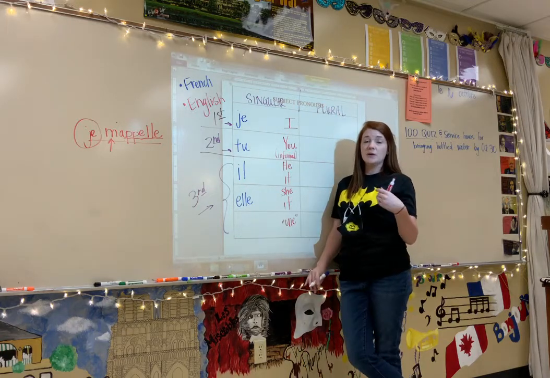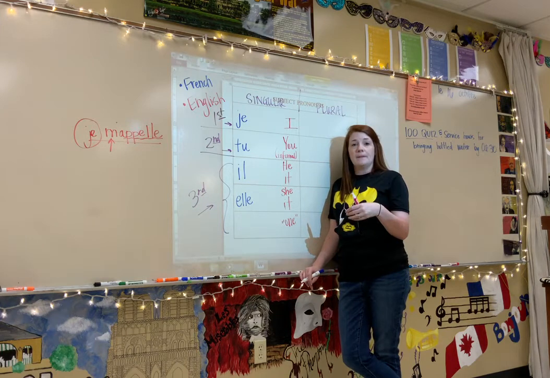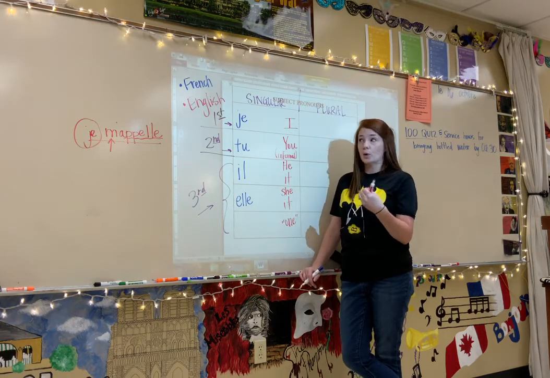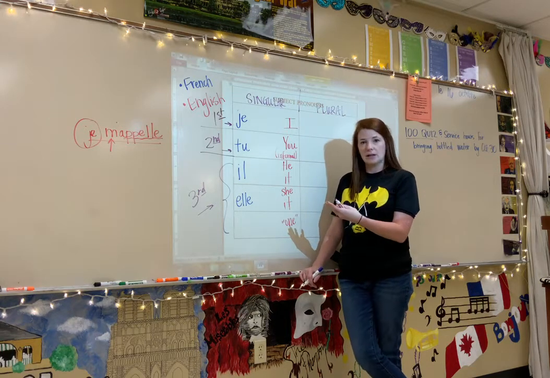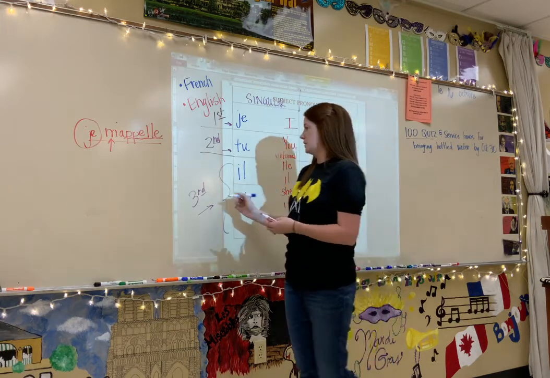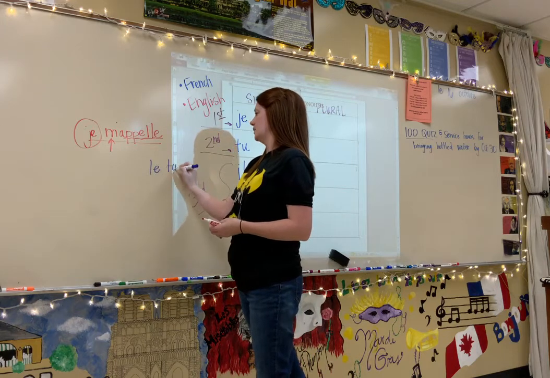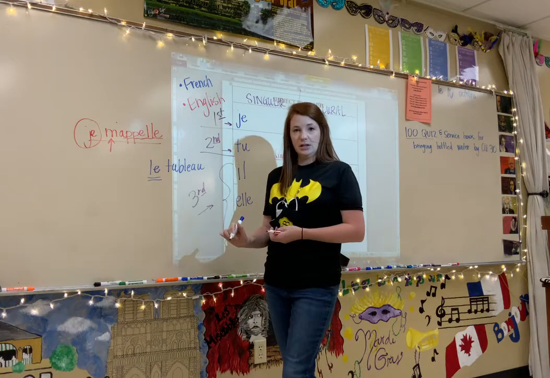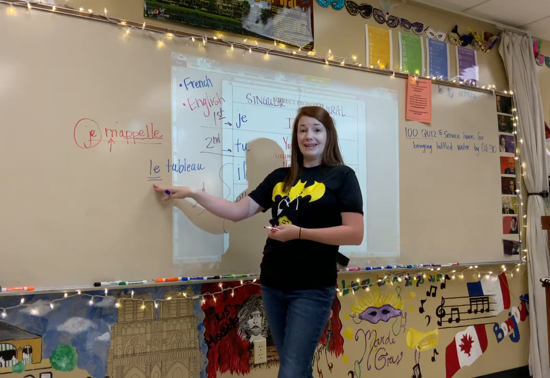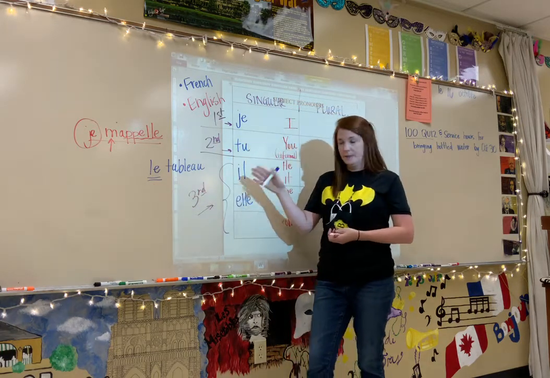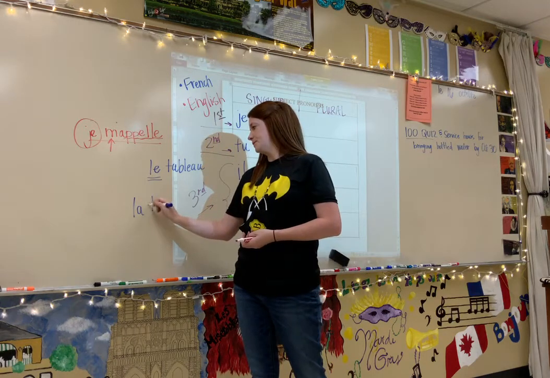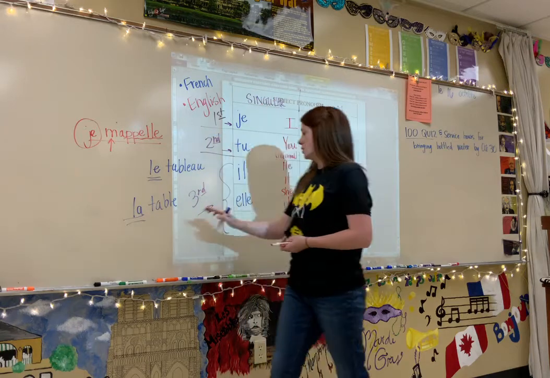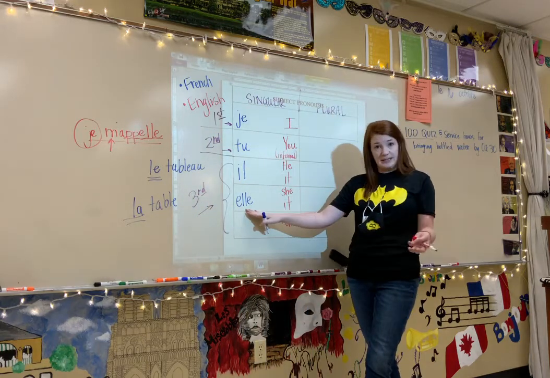But also, if you are trying to talk about the marker, the pencil, the board. So, for instance, the board is white. The board is at the front of the classroom. Board is le tableau. Because this is masculine, you have to use a masculine form of it, which would be il. If you're talking about the table, which is very similar, this one is feminine, so you would have to use a feminine way to say it.